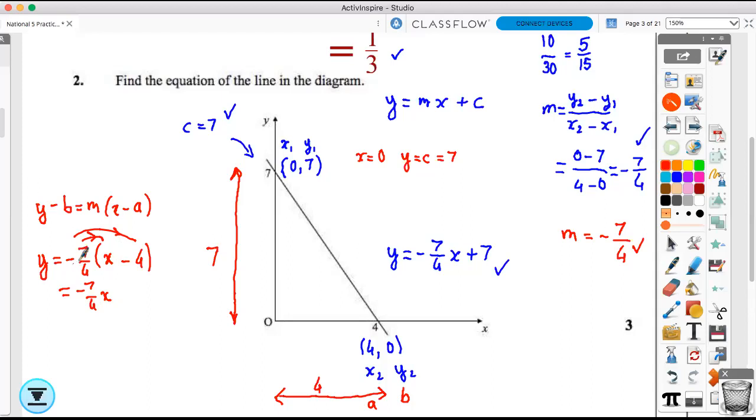And then you need to do negative 7 over 4 times negative 4. So someone might forget that is positive. So you get more chance to make a mistake there. And 7 times 4 divided by 4, you need to simplify that as 7. So you can see you will get the answer, but you've got more chance to make a mistake.